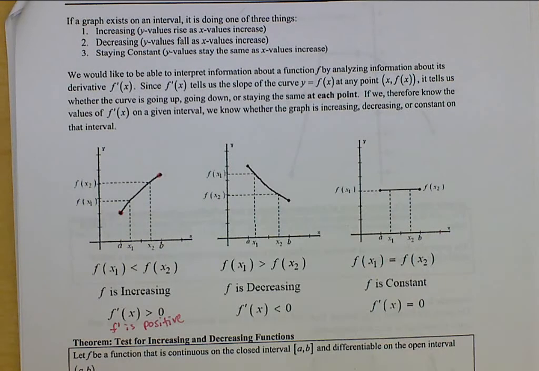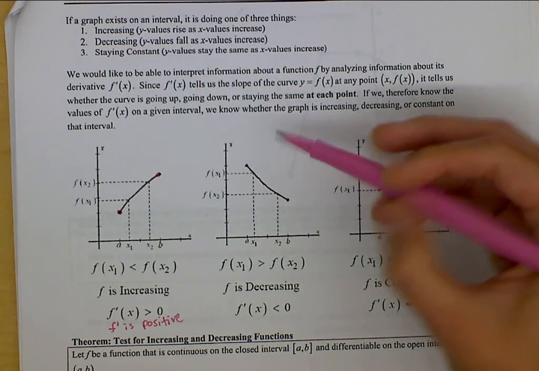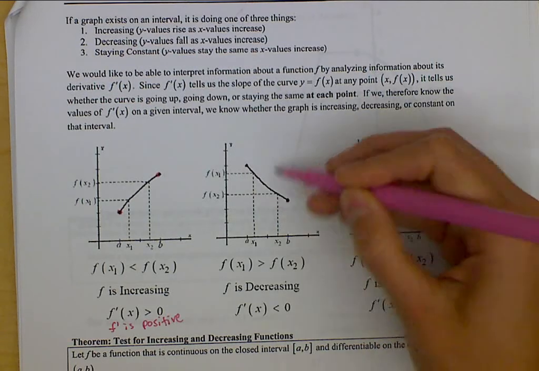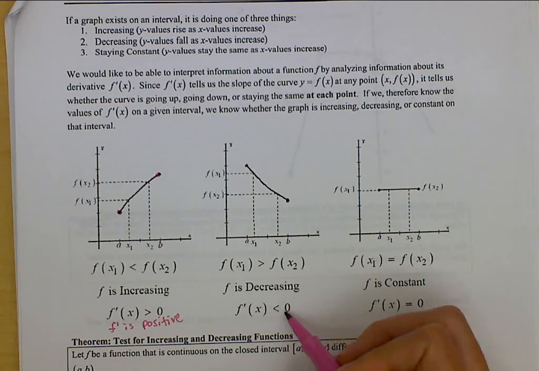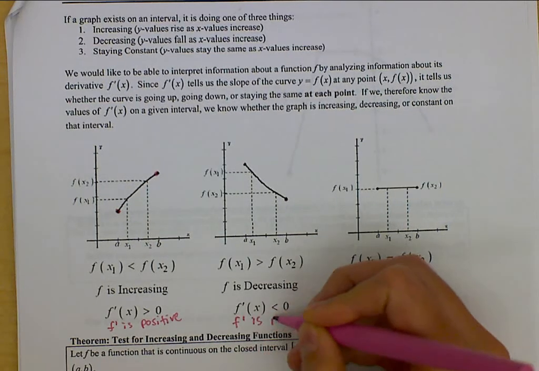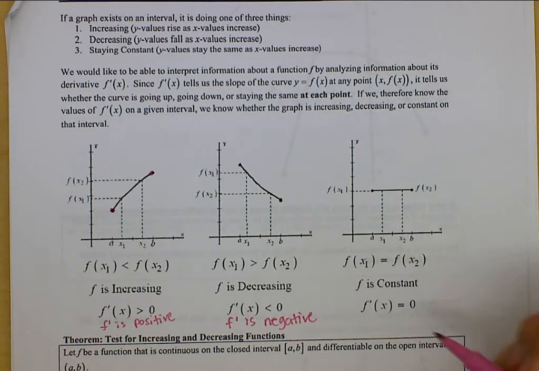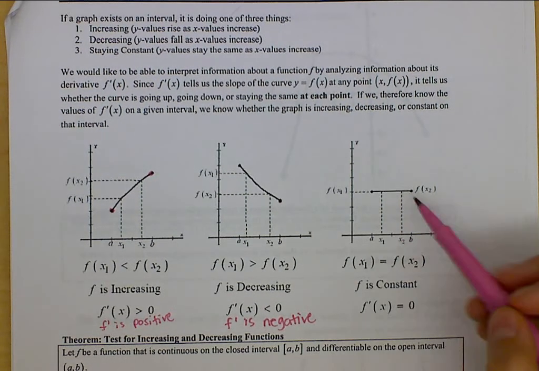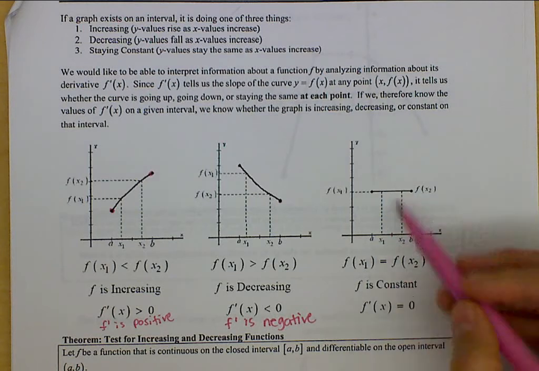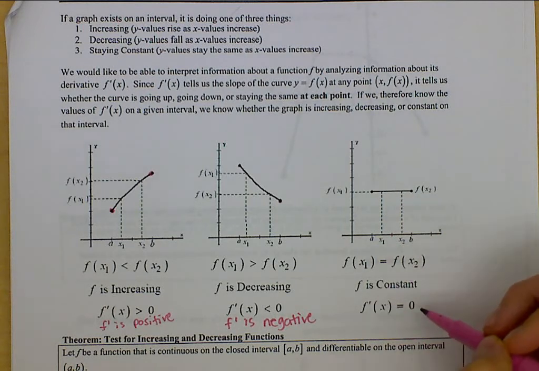Here, f of x1 is greater than f of x2. This thing is decreasing, which means f prime is less than 0. This means f prime is negative. So when f prime is negative, the function is decreasing. And then this is one that we know. If the y values are the same, f is constant, and the derivative f prime equals 0.